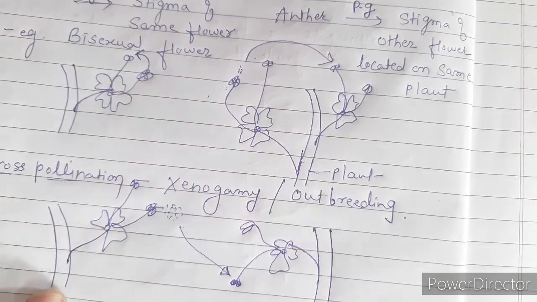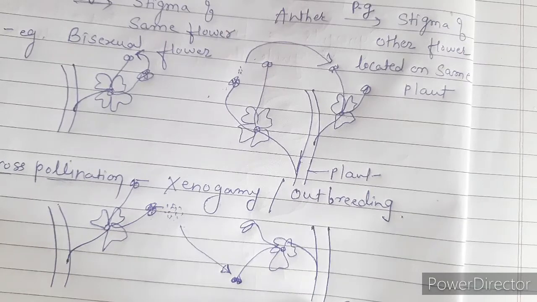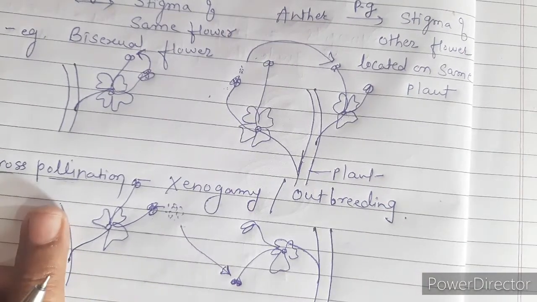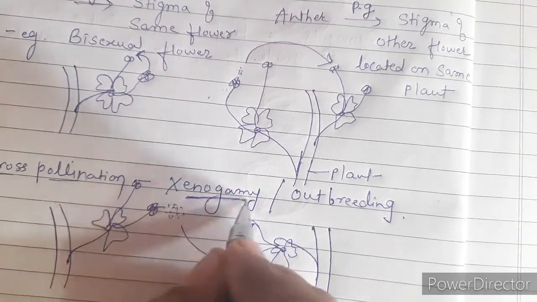Okay, but the plants are different. Two plants are involved. Such type of pollination is called cross-pollination, or it is also called xenogamy.